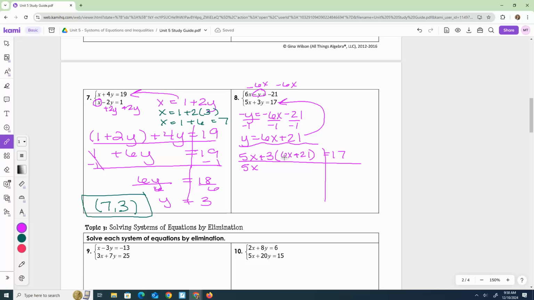So you take one equation, solve for one variable, plug it into the other one. So now, where do we go next? What do I do with my 3?